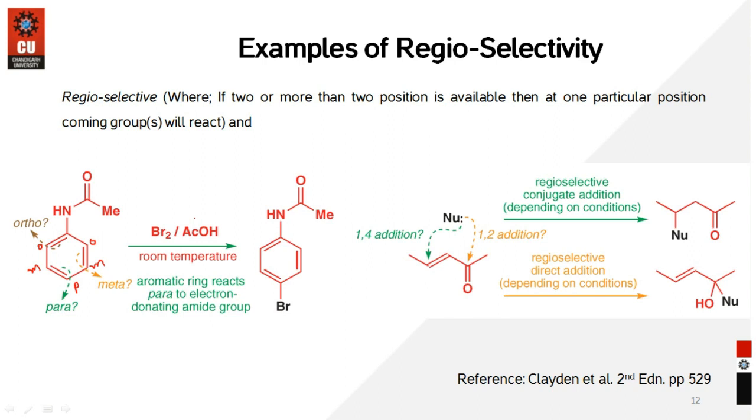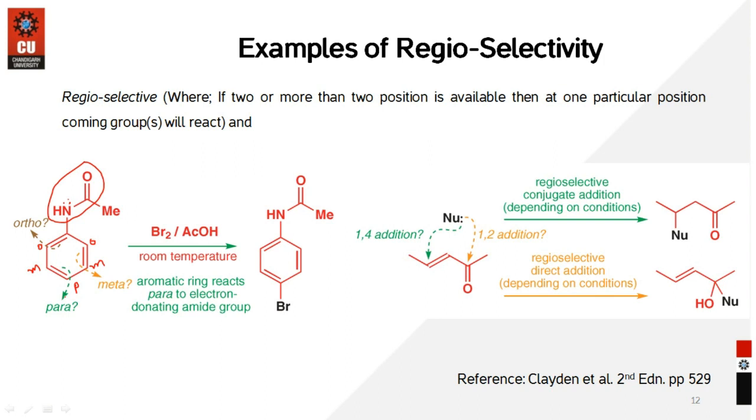We can simply say that this is an electrophilic substitution reaction, and I have one amide group, which has a lone pair of electrons. So we have ortho, meta, para, then the attack will take place at which position?